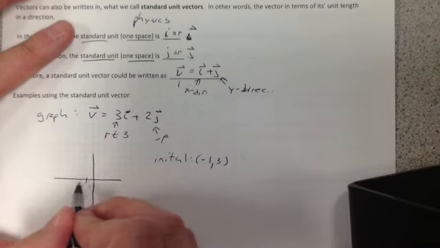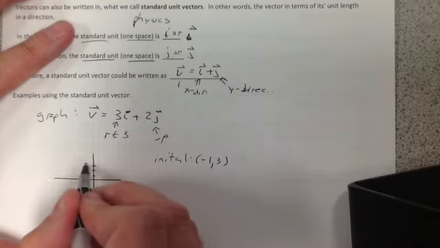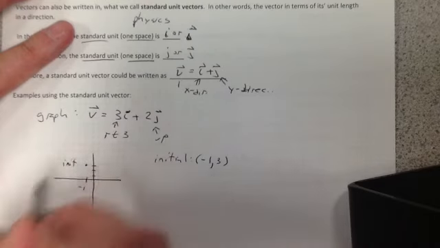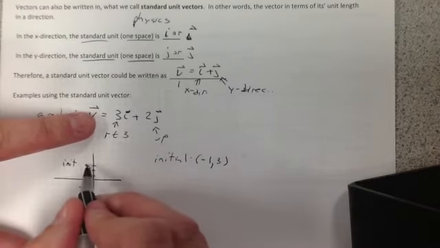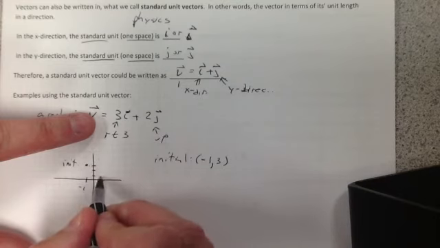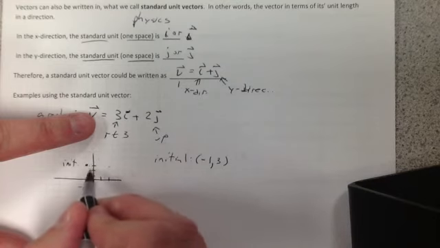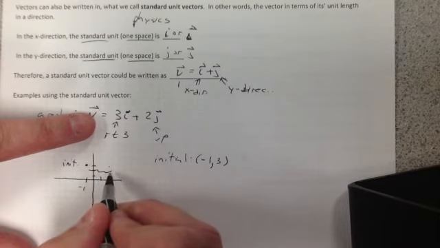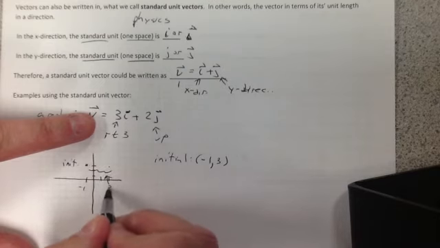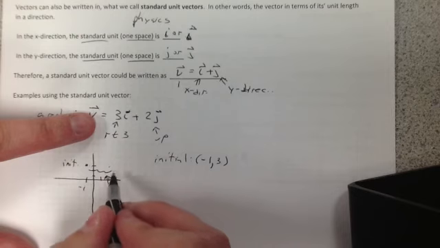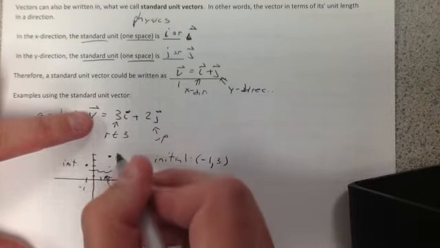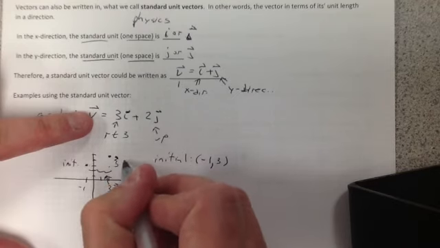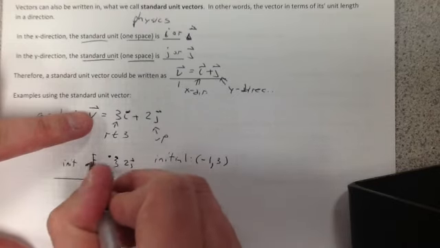So I graph it, -1, up 3. There's my initial point. My vector says I need to go right from here to wind up where I want to stop. I'm going to go right 3. 1, 2, 3. That's our 3 in the i. And then it says go up 2. 1, 2. So that's our 2j. And I can draw it.